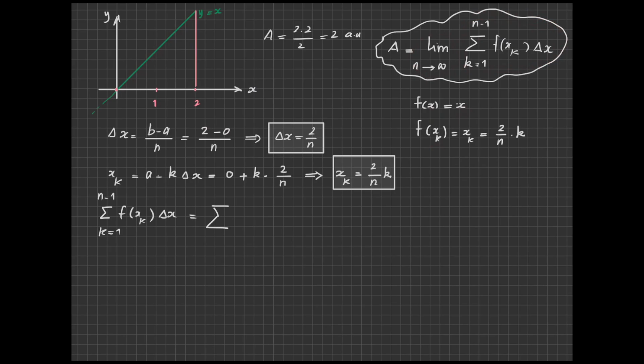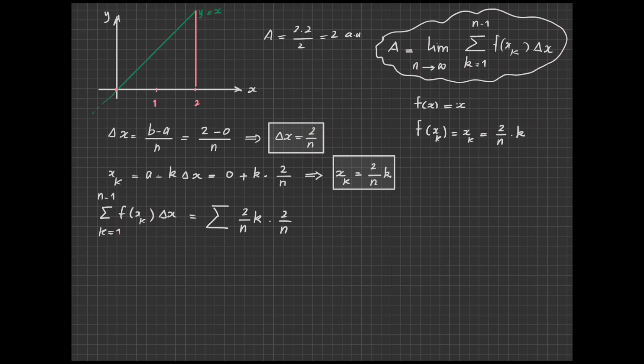Instead of f of x sub k, I can put this in. So this becomes 2 over n times k. And instead of delta x, I can put 2 over n in.